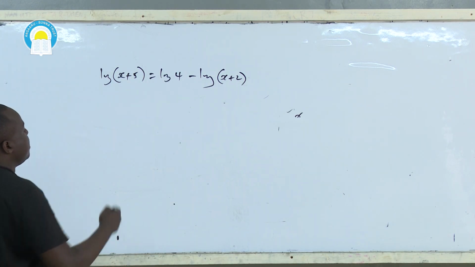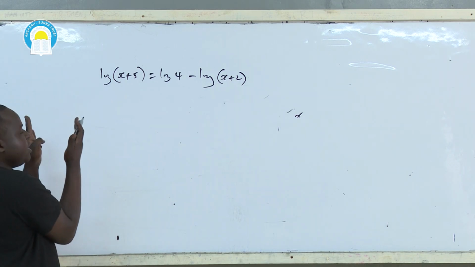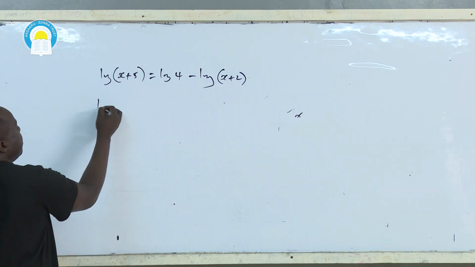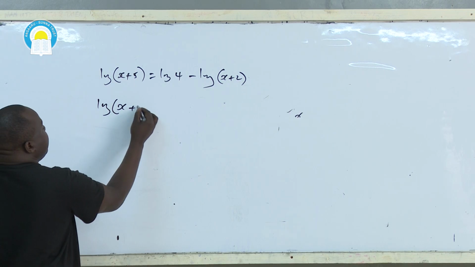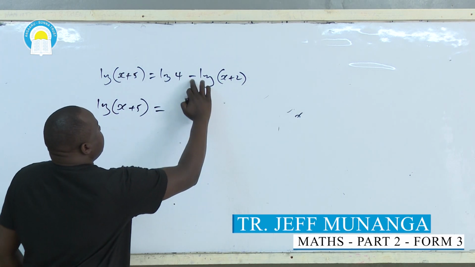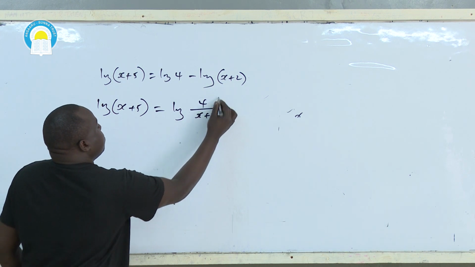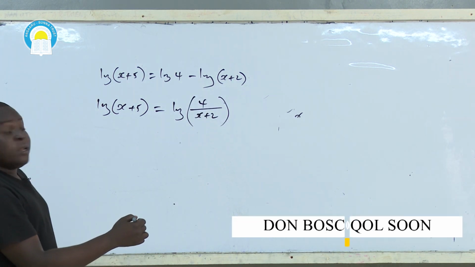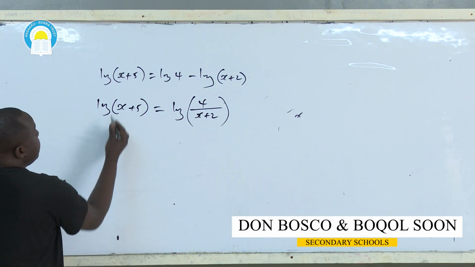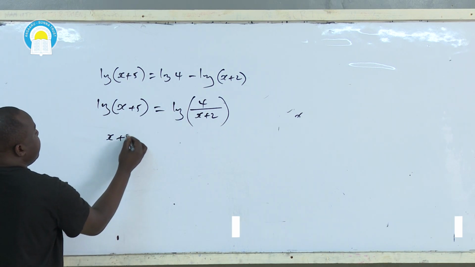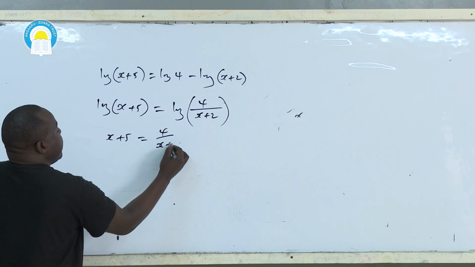Make sure that you have one term on the left, one term on the right. On the left, I'll have log(x + 5), like I've already explained. On the right, there's division, so this should be log of 4 over (x + 2). Then x + 5 equals 4 over (x + 2).